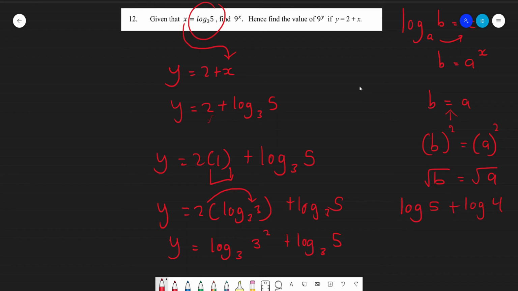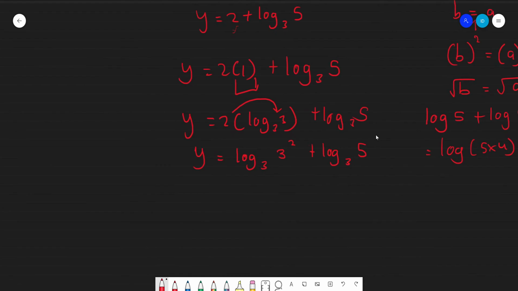In logarithms, if we add two logs together with a similar base, the numbers, which are 5 and 4, will be multiplied. This only happens if both logs have a similar base, and if it's addition, then we can multiply the numbers, which is 5 times 4.